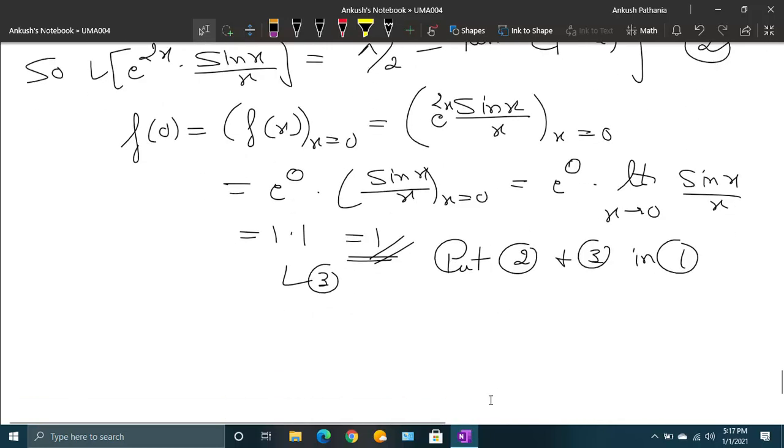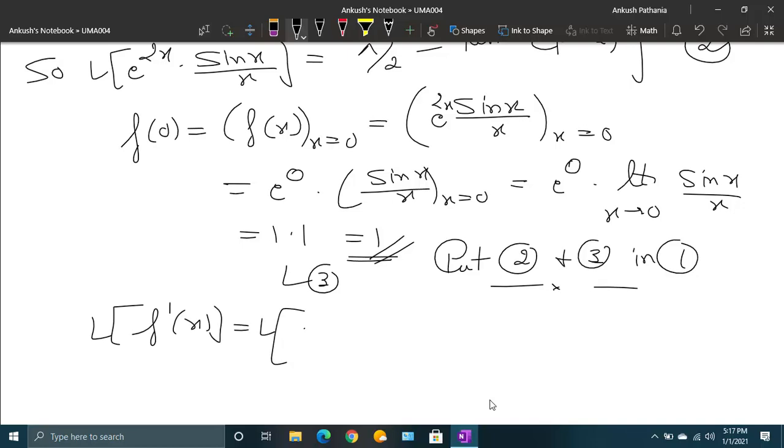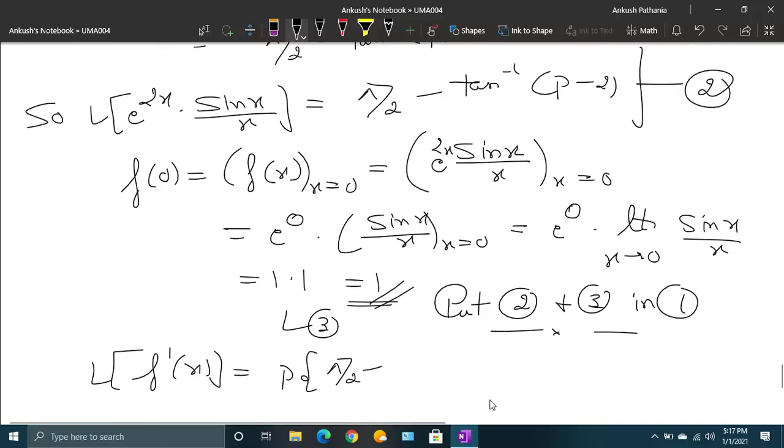So putting 2 and 3 in 1, this gives the Laplace of f dash x, that is the Laplace of the derivative of fx, equal to p times the Laplace of fx, that was pi by 2 minus tan inverse of p minus 2, minus the value of the function at 0, that is 1.